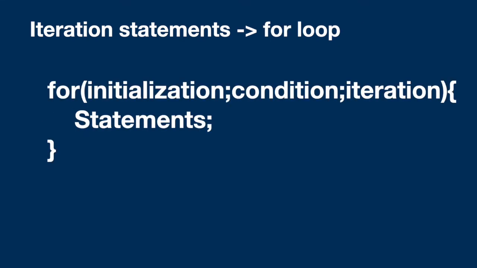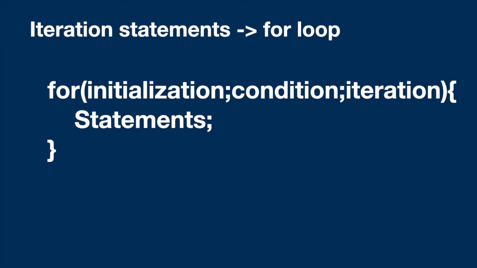And the other iteration statement is the for loop, and the for loop is one of the commonest iteration statements used in Java. It's written starting with the word for, followed by parentheses inside which we have initialization.